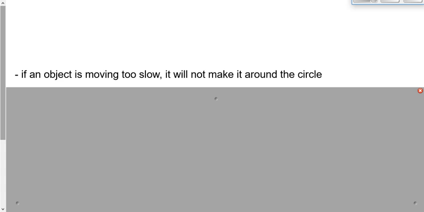You know intuitively, even as a 5-year-old, if it's going too slow, then it doesn't make it all the way around. There is a minimum speed at which it can go before it begins to fall out of the circle, before it doesn't go in a circle anymore.